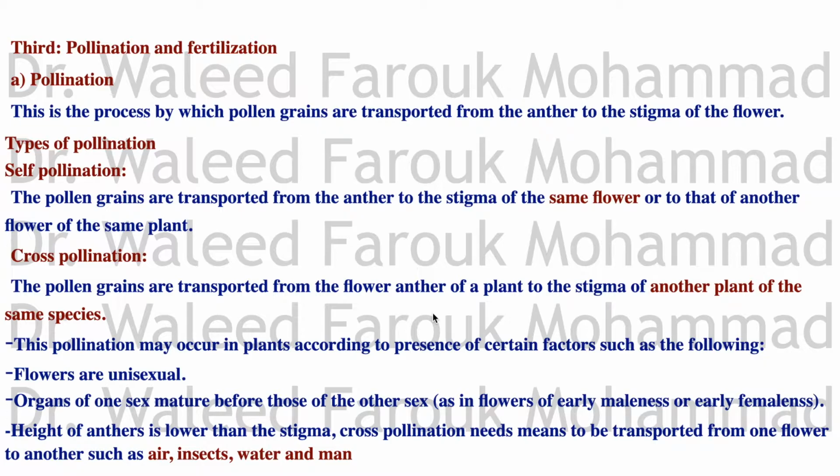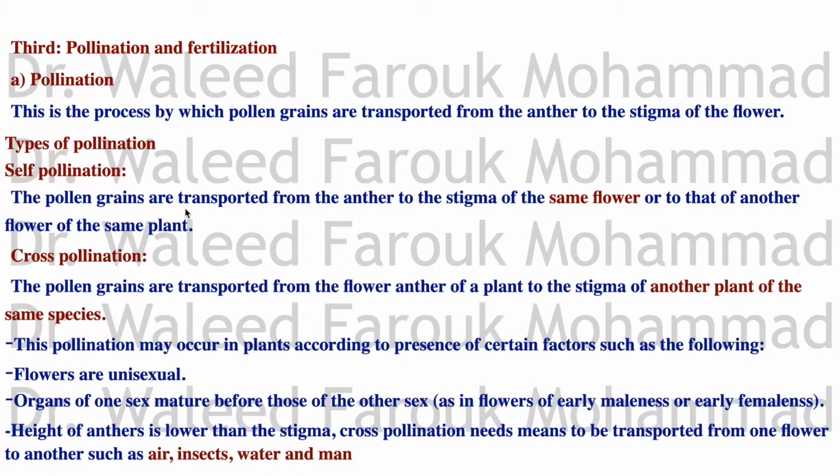Now, what happens next? Of course, the next process is pollination and fertilization. Pollination is the process by which the pollen grains are transported from the anther, which is the male part, to the stigma, which is the female part of the flower. Types of pollination: there are self-pollination and cross-pollination. Self-pollination, from the name, occurs in the same flower, okay?